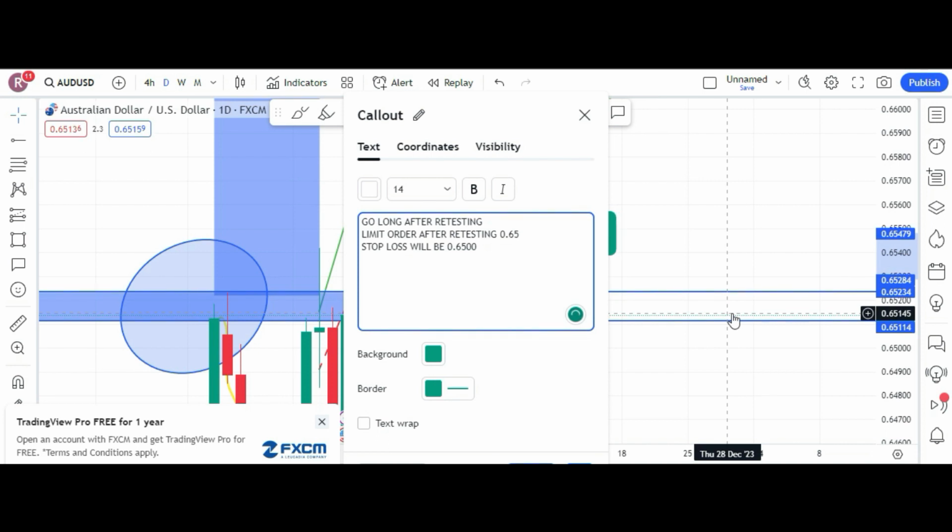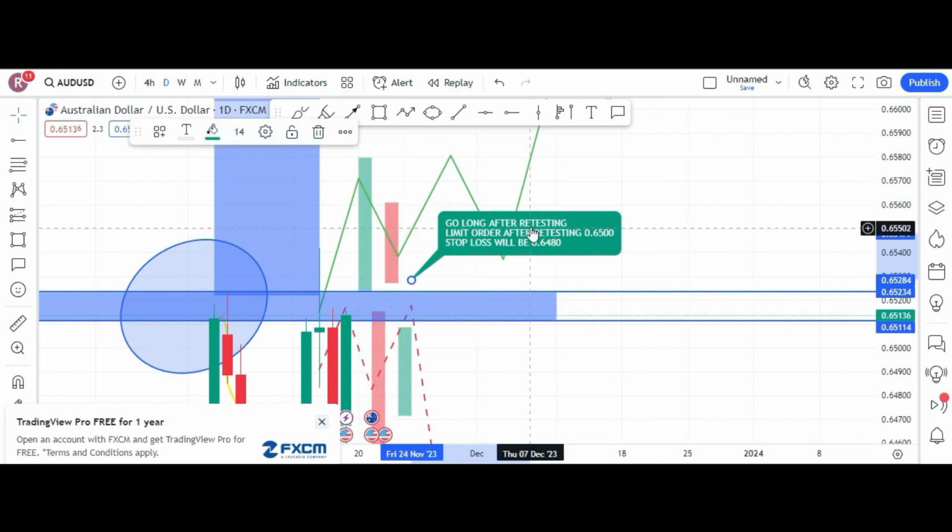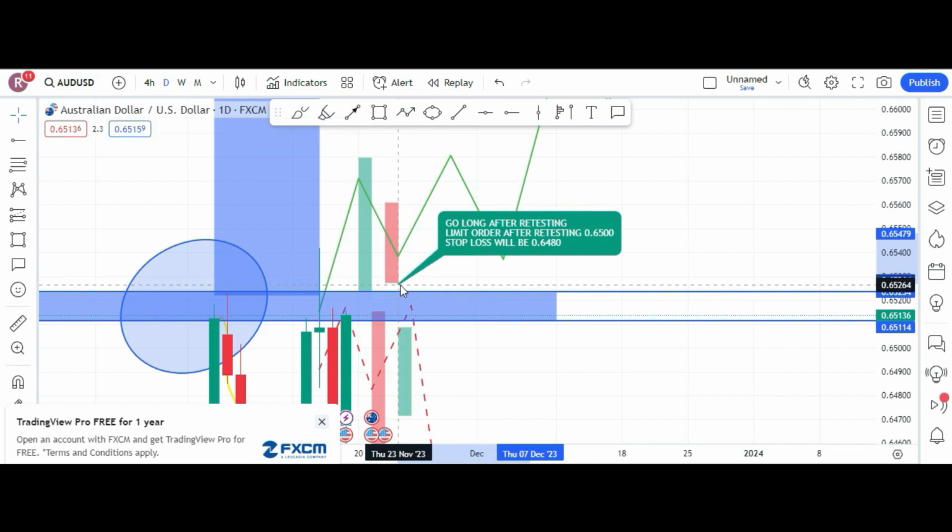I would prefer to put it like this, and this one should be 0.6480. This is a conservative lead, and only for traders who are more conservative would I tell you guys to take this lead. The adventurous traders, I don't think this is a good lead for you.